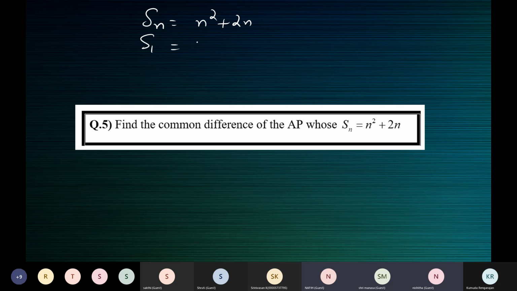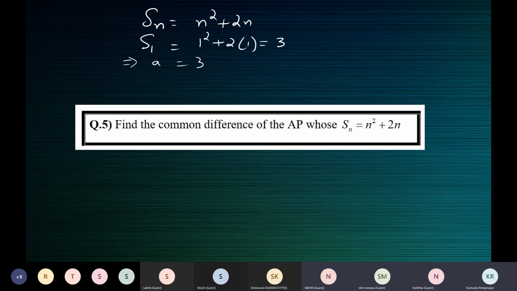Substitute: 1 square plus 2 into 1. So that is 1 plus 2, 3. And what do we understand by S1, children? The sum to the first one term, meaning the first term itself. So this means the first term A1 or A is 3. Yes or no? S1 is 3.